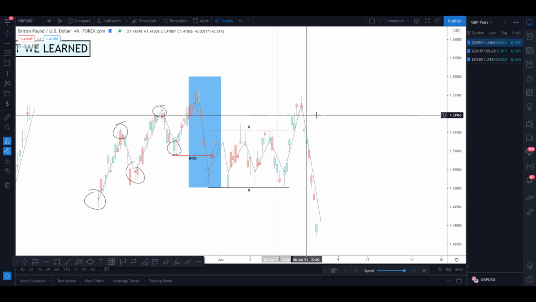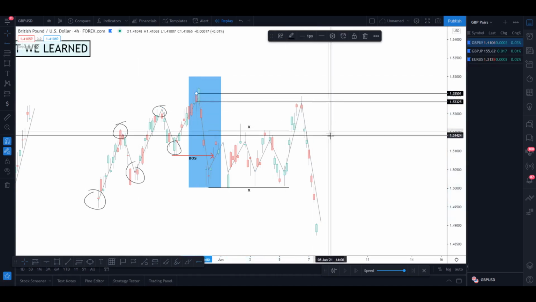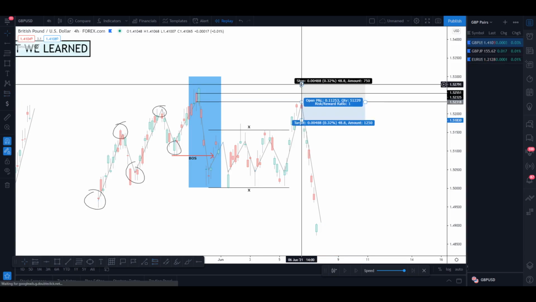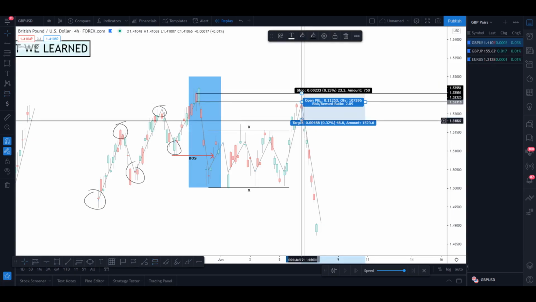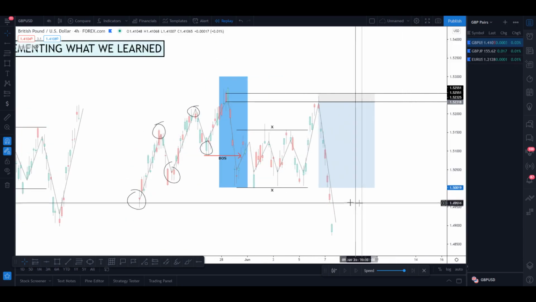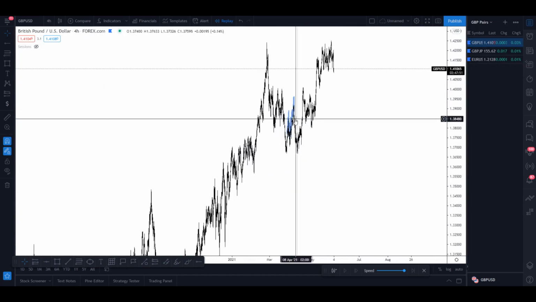So while all these people got stopped out with this move right here, institutional traders were actually getting involved in positions right over here, while retailers were getting stopped out. And then you can target obviously the next low of liquidity, and that's generally how order blocks work. Now obviously this is theoretical, so I will show you guys a real life example.